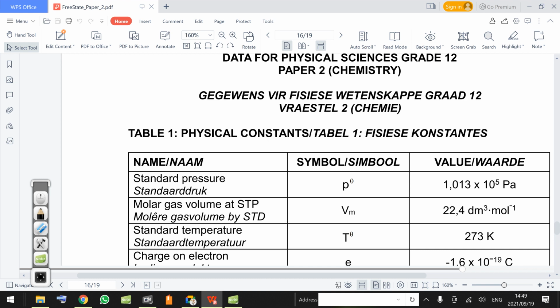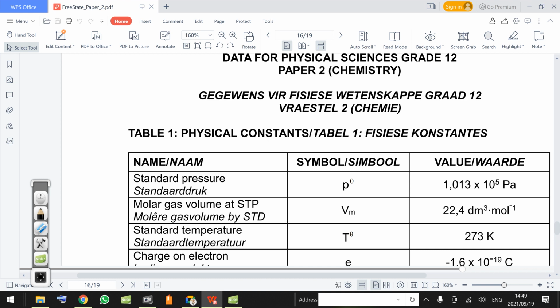Somebody's going to say, why are we not using 273 as standard temperature? Please understand that 273 is how you convert Celsius to Kelvin. But the standard temperature for a galvanic cell is the one below. Please take note of that.